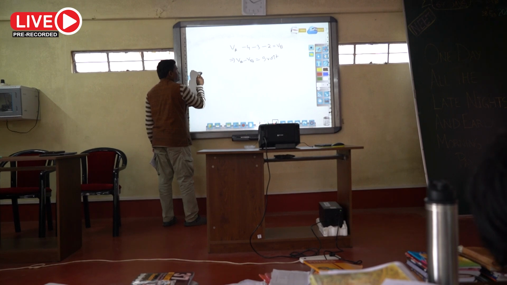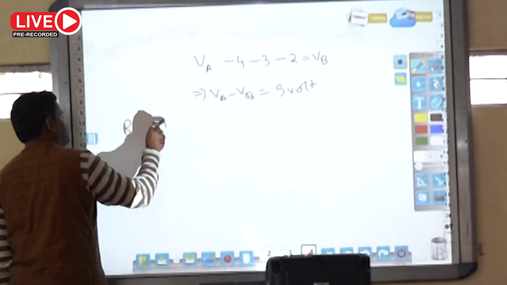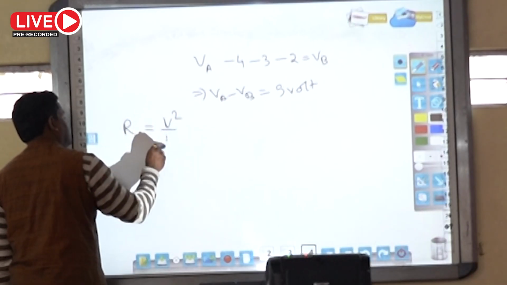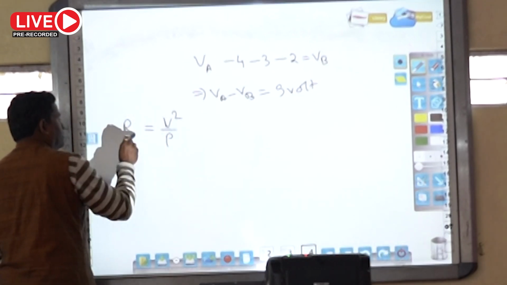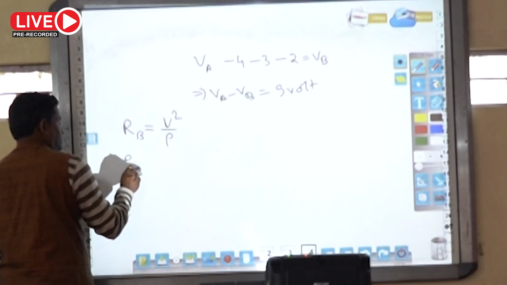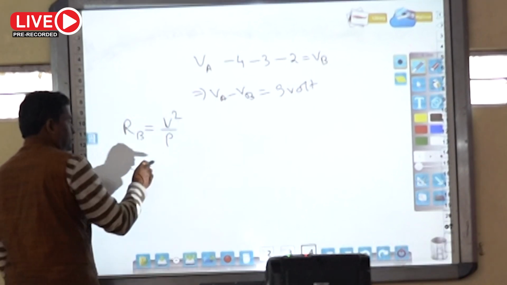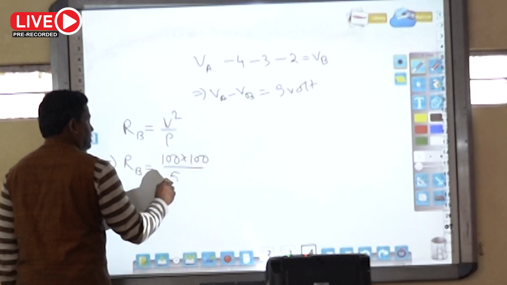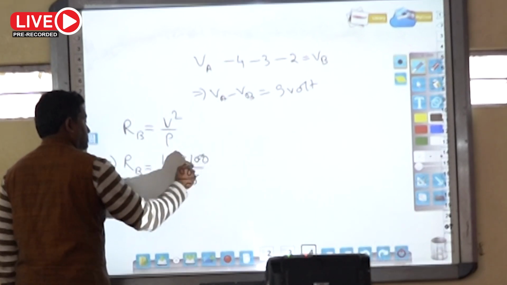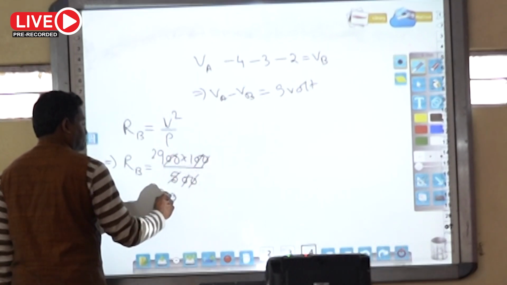See, P equal to V square by R. So R will be V square by P. So this R for the bulb will be 100 into 100 by 500, so 20 ohm.